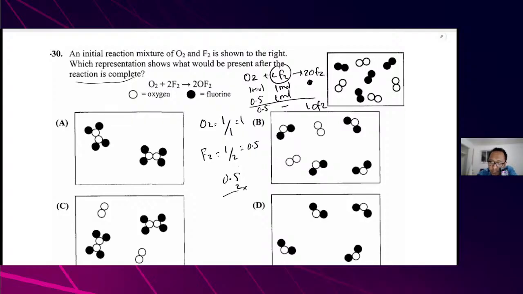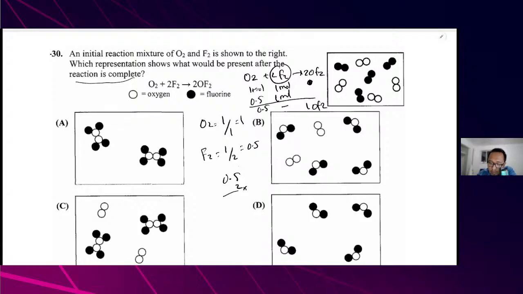And fluorine should have run out, so there should be no fluorine. Taking a look at the pictures one by one, all of them do not contain fluorine, which means all of them might be the possible answer.